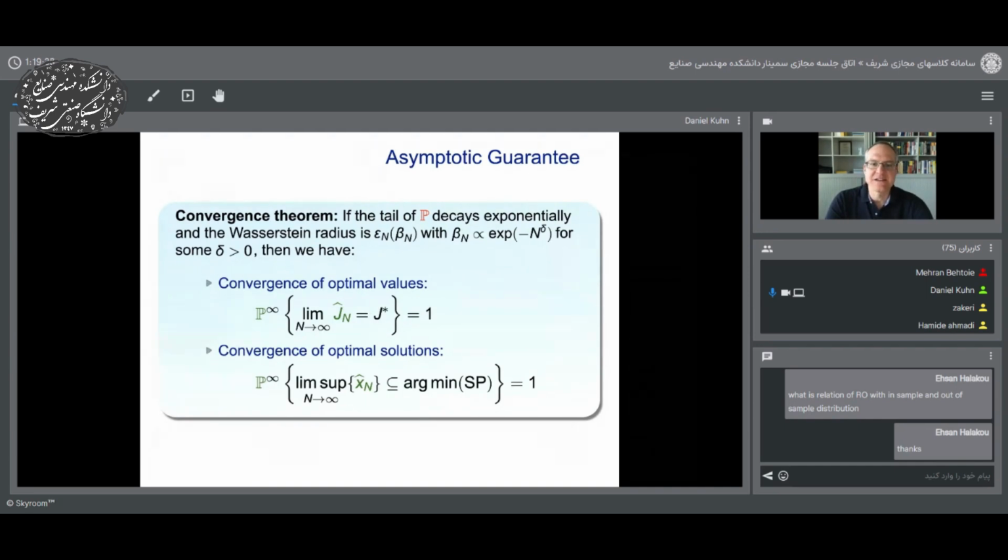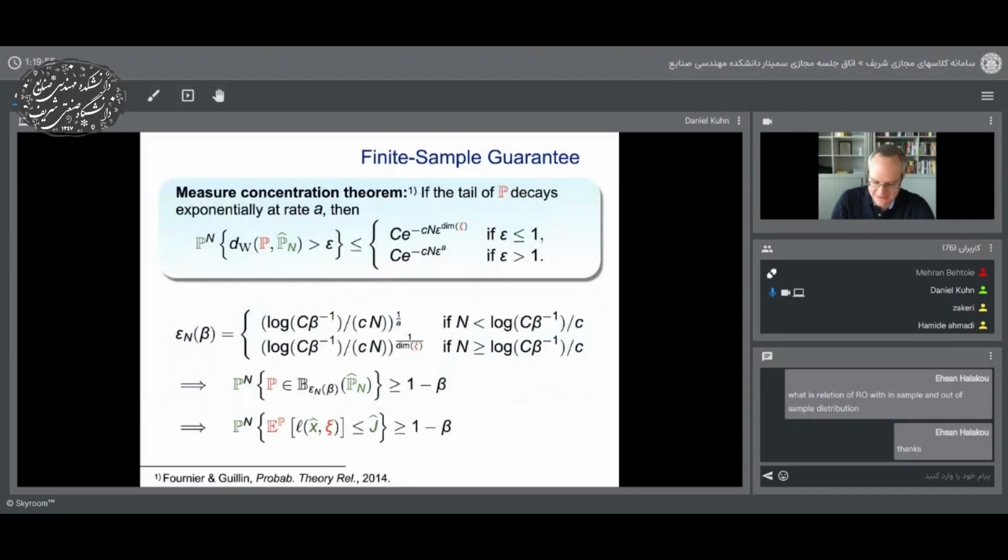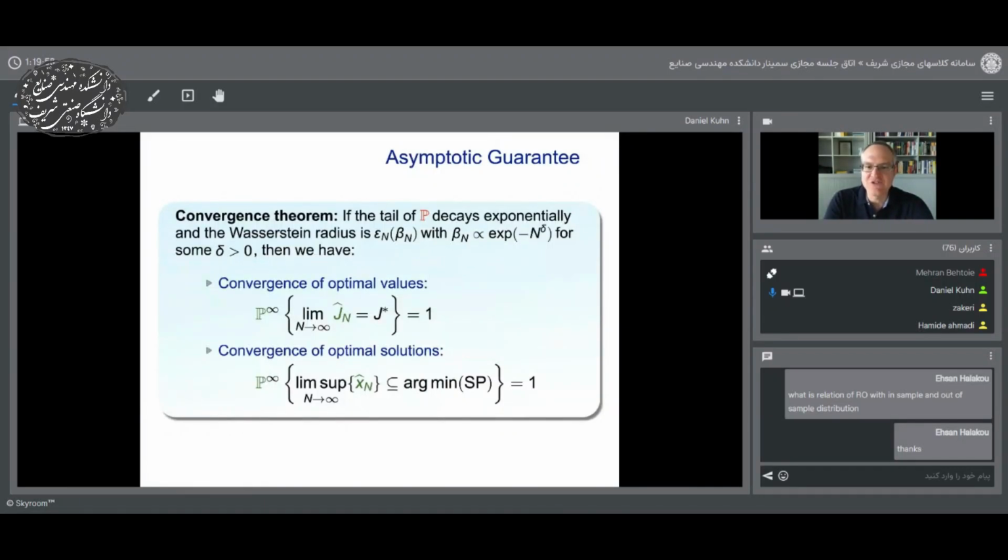We can prove that if the unknown true distribution P has exponentially decaying tails, then if we set the radius of our Wasserstein ball to epsilon_n of beta_n, where epsilon_n is the formula from the previous slide, and at the same time we choose the significance level beta_n exponentially small in the number of training samples, then the optimal value J hat_n of our distributionally robust optimization problem converges almost surely to the true optimal value of our stochastic program as the number n of training samples tends to infinity.